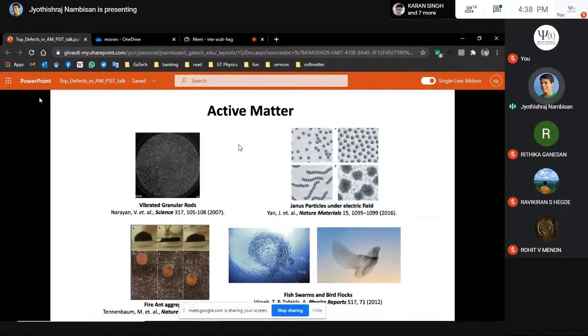So each of these systems, very broadly speaking, is characterized by energy input at a single particle level. Each of the particles has access to energy and dissipates the energy in its own way. So it is unlike your equilibrium stat mech examples, where you have a thermal bath of sorts and the system equilibrates first, and then by finding the mean temperature and the fluctuations about the mean temperature, you can calculate the free energy, the entropy, and know anything and everything that you need to know about the system.